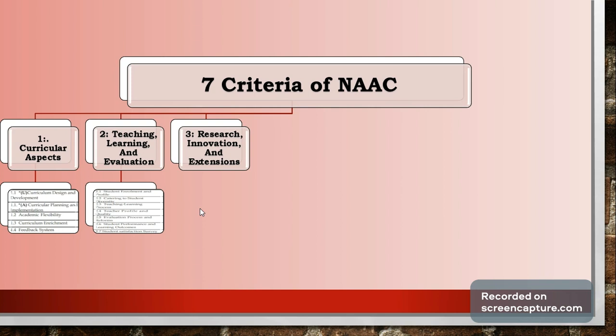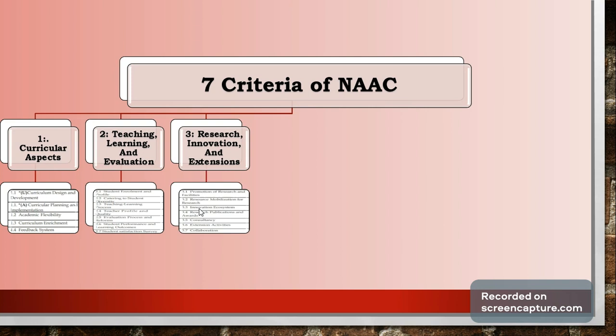The research work done by the students should be for the benefit of society and addressing real-time problems. As far as the weightage is concerned, this third criterion has a weightage of 150 for both affiliated and autonomous institutions and 250 for universities.